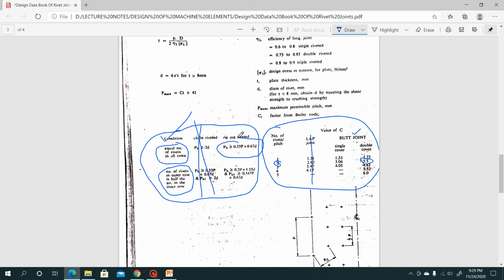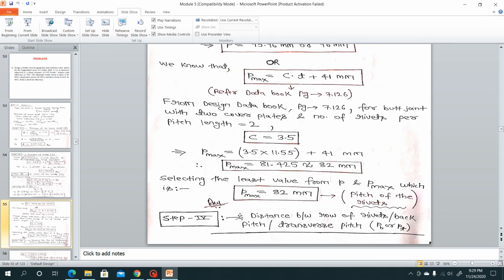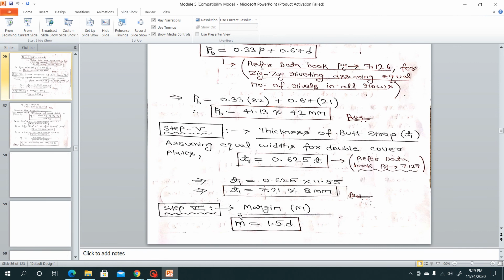PB is equal to 0.33 times p plus 0.67 times d, where small p is the pitch of the rivet and small d is the diameter of the rivet, both already calculated. Just substitute these values and you will get the transverse pitch or back pitch of the rivet, that is 41.13 mm. Is it clear?